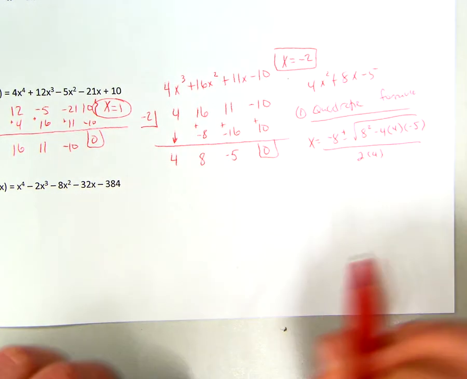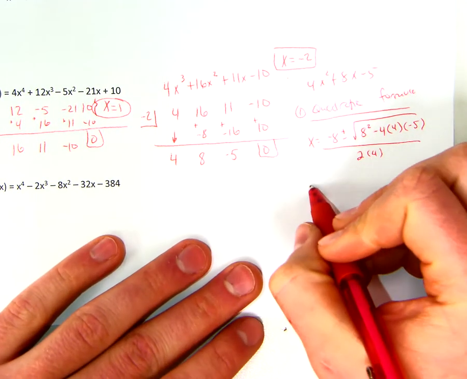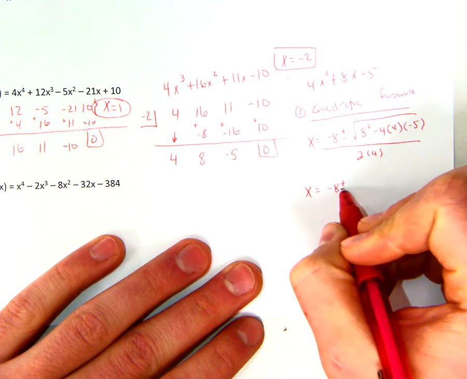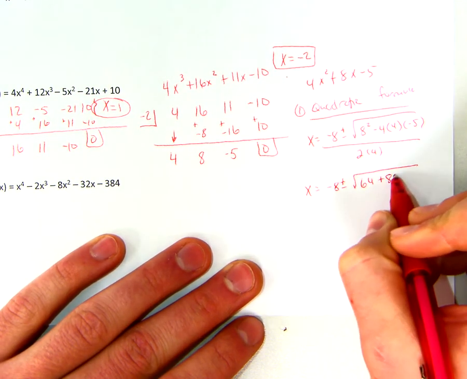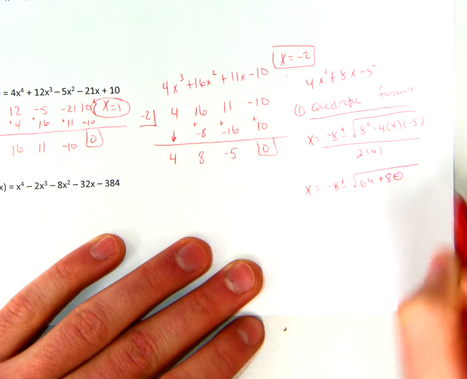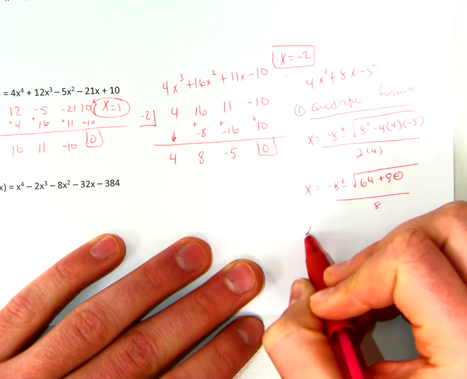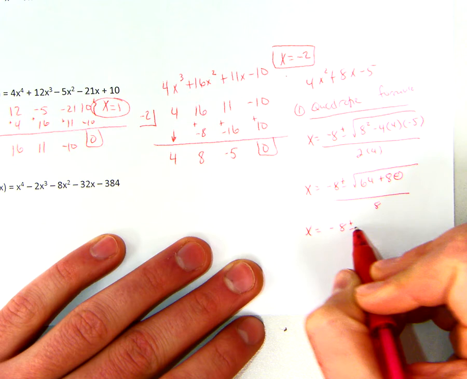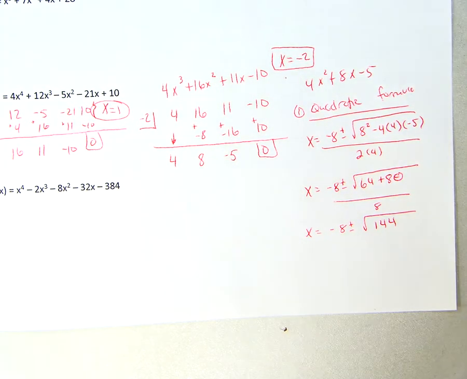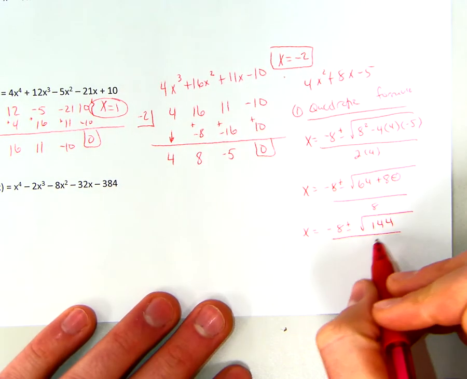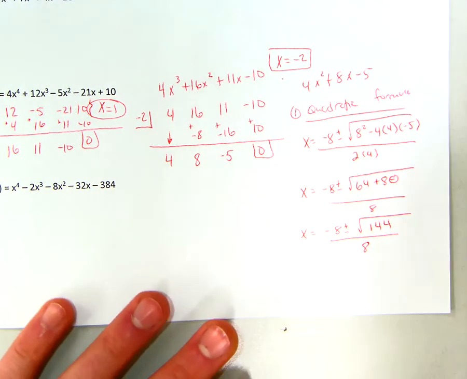So you have x equals negative 8 plus or minus the square root of 64 plus 80, just 80, all over 8. And then x equals negative 8 plus or minus the square root of 144 over 8.